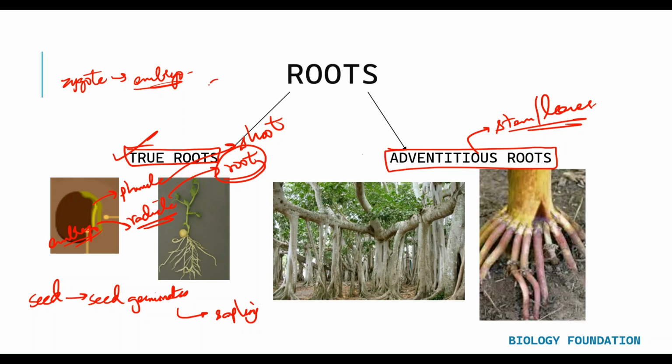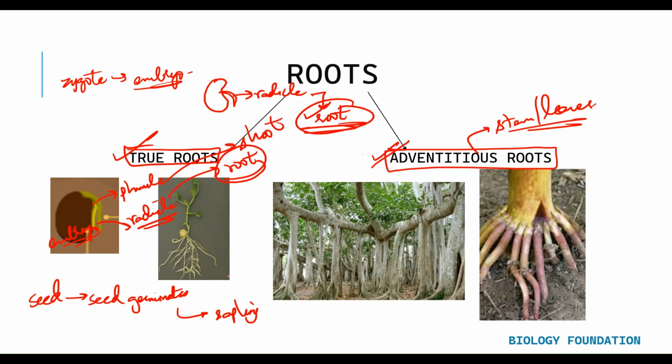First there is a small structure that develops, and this is your radicle. As it grows, it develops into root. The root that develops from the radicle is said to be a true root. If root develops from stem or leaves, it's said to be an adventitious root.